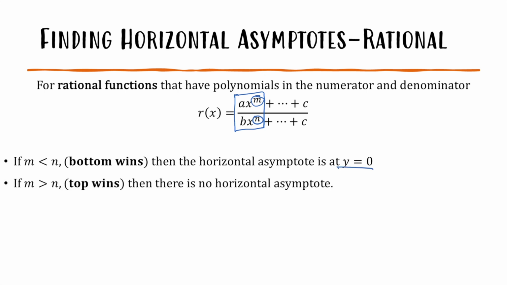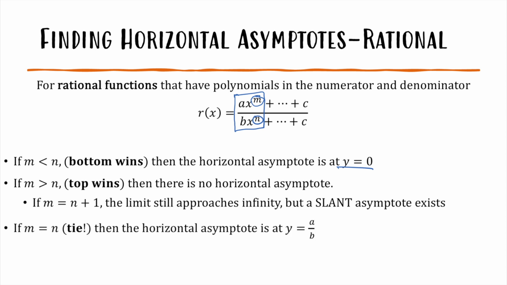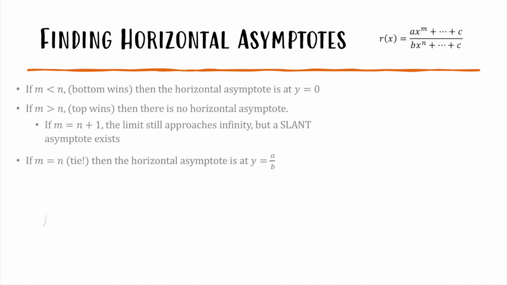If the top wins, if the top is bigger, there is no horizontal asymptote. The graph is just going off into infinity. However, if m is just 1 more than n, then you get some slant asymptote. And then if it's a tie, this is really cool. If it's a tie, you're just looking at the coefficients of the leading terms, and that's your horizontal asymptote.